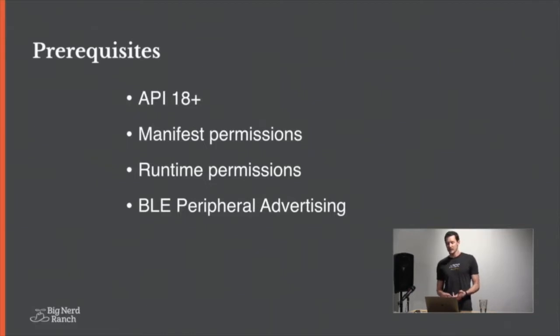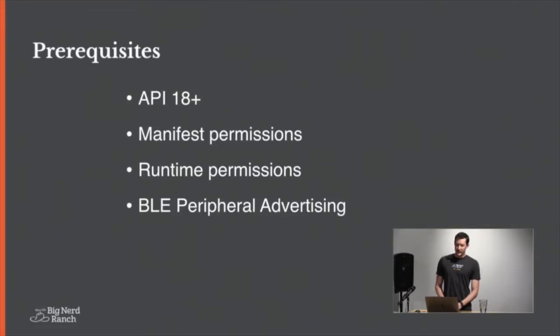You also need to access fine location, which somehow is related to the scan results. If you don't have this one, you can't get anything, and it fails very silently and annoyingly most of the time. And if you are Marshmallow, API 23 and newer, you need to have the runtime permissions, as you may know from everything else.